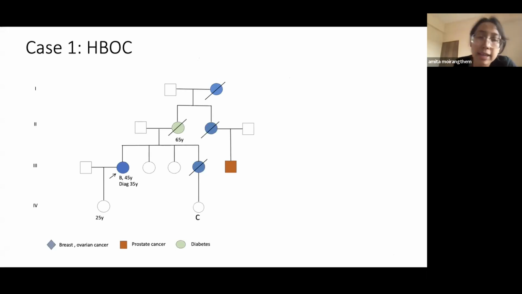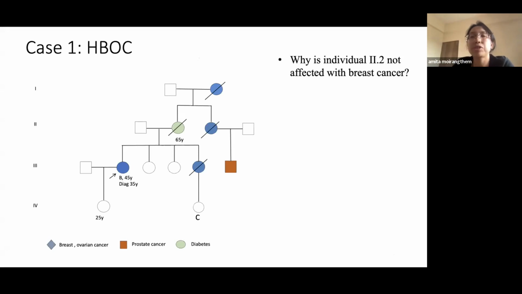Coming back again to the same case, there are some complicated questions here. Why is the individual shaded with green, who died of diabetes complications, not having any features of breast cancer? She died at 65 years, and 65 years is quite a long time to develop breast cancer.